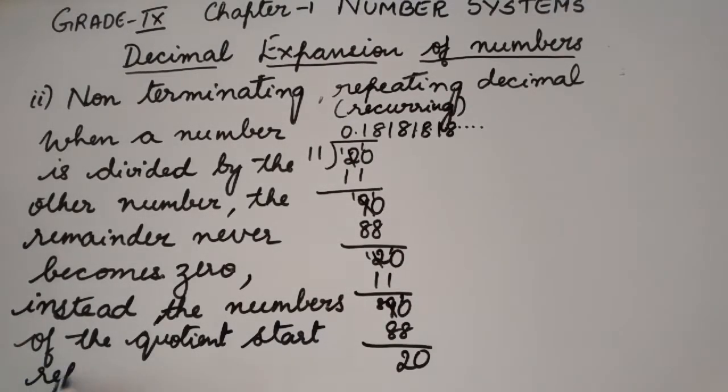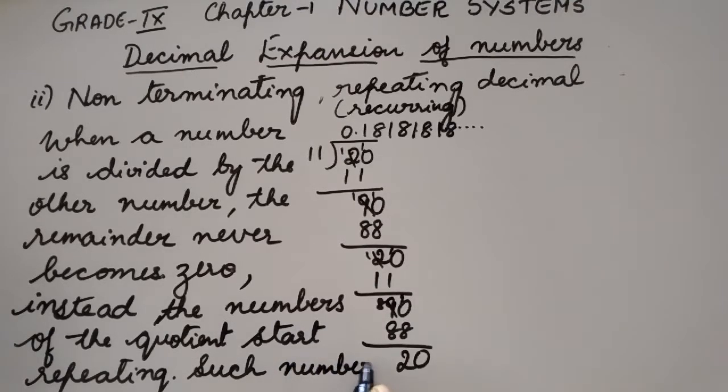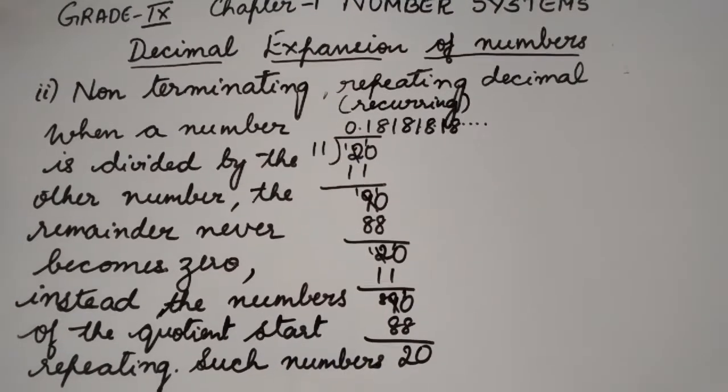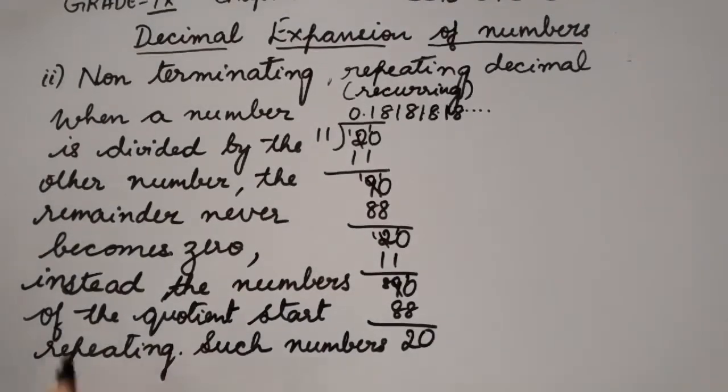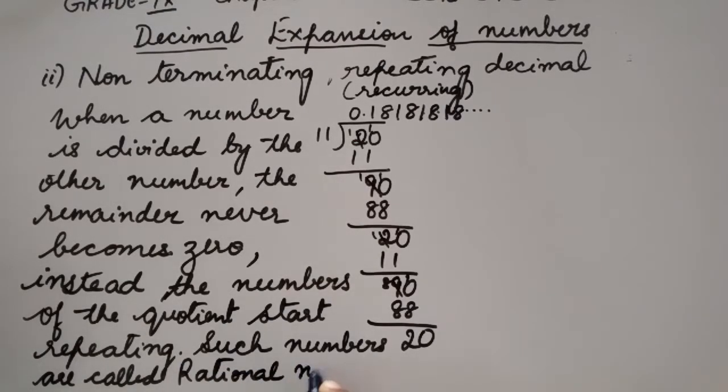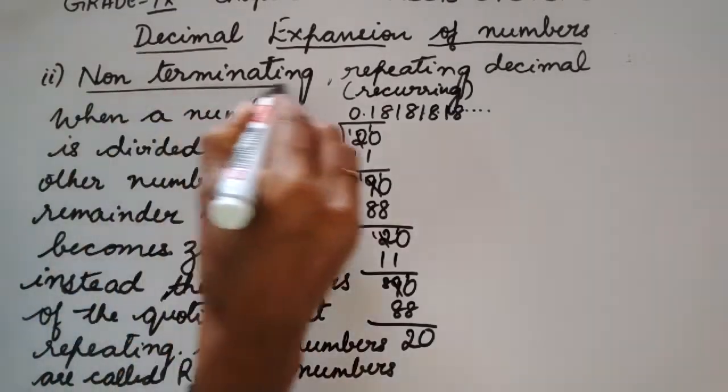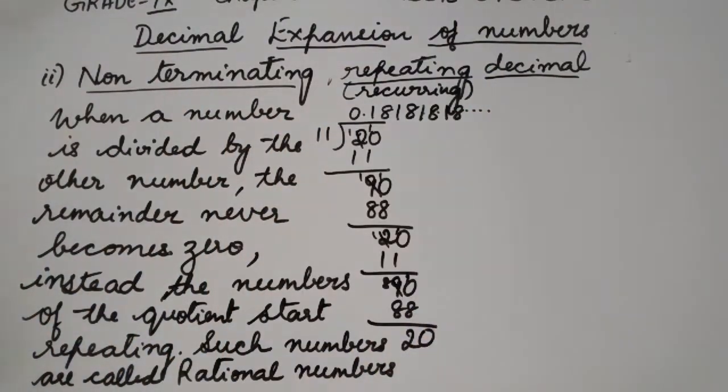Such numbers are called rational numbers. So did you get the meaning of non-terminating, repeating or recurring decimal?